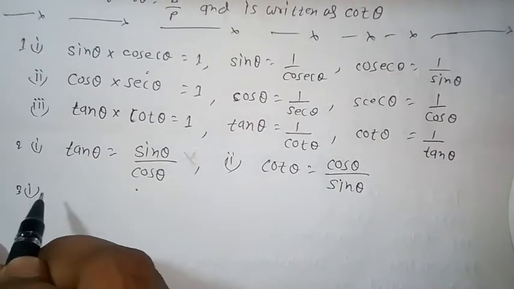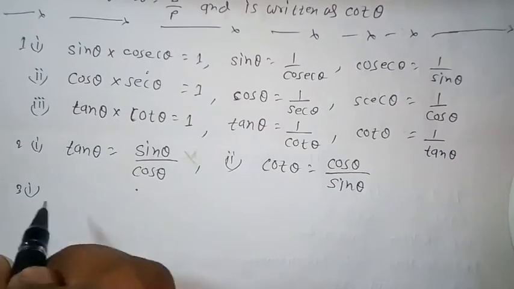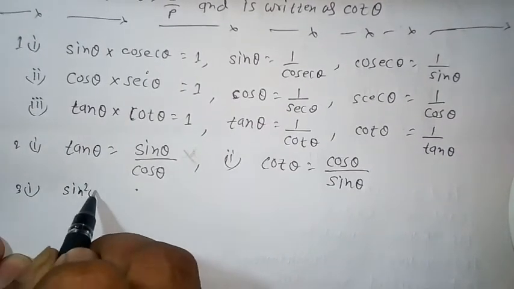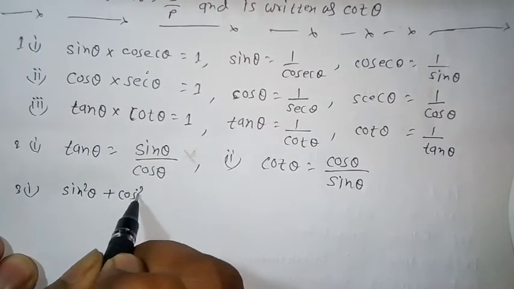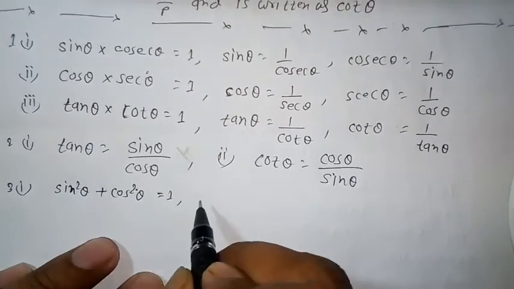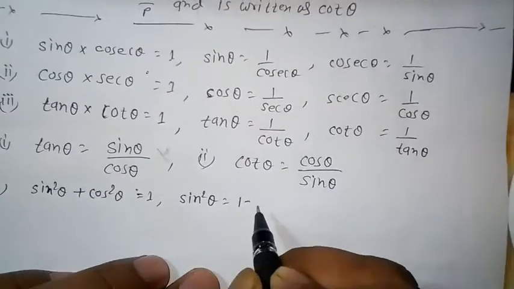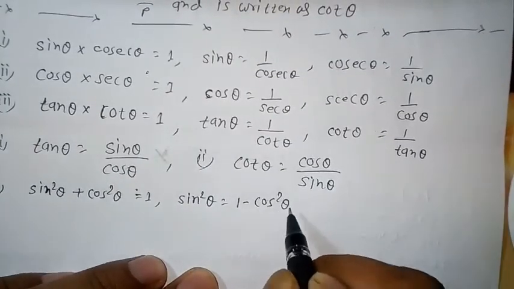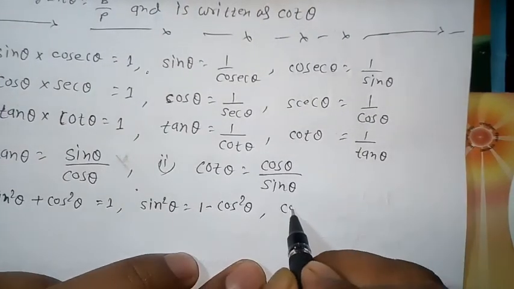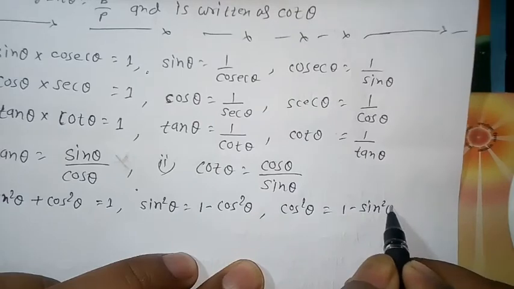Next, sin square theta plus cos square theta is equal to 1. So sin square theta is equal to 1 minus cos square theta. Cos square theta is equal to 1 minus sin square theta.